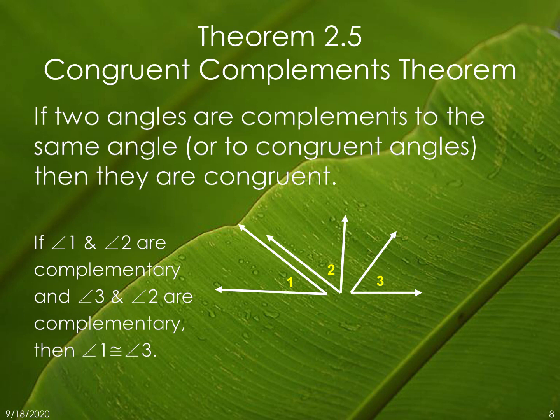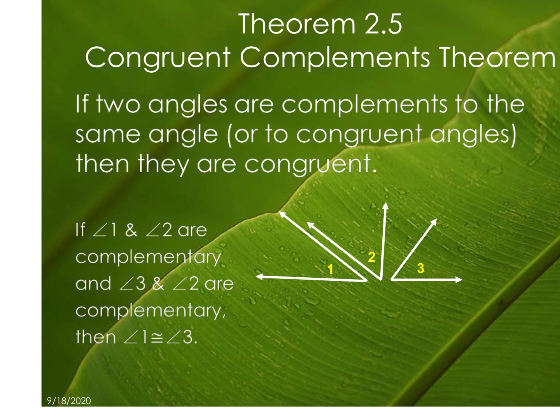So same idea here, they're both going to be complementary to the same angle. So here they're both complementary to 2, which would make those 2 angles congruent. So since they're both complementary to 2, then I know that 1 and 3 are going to be congruent.